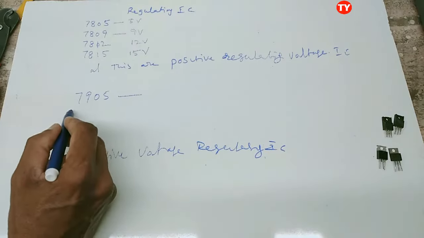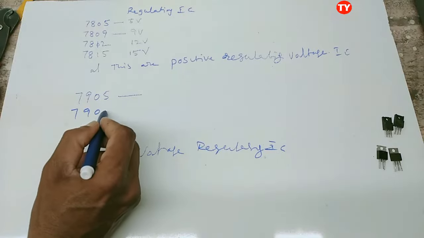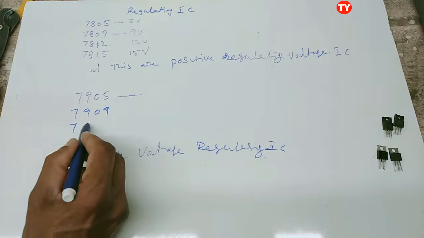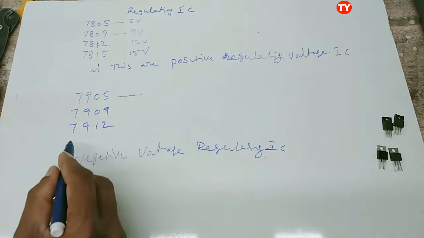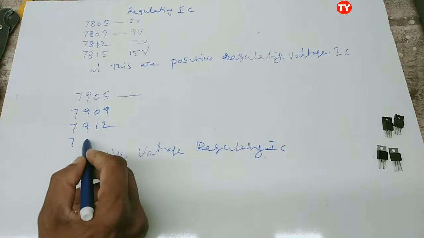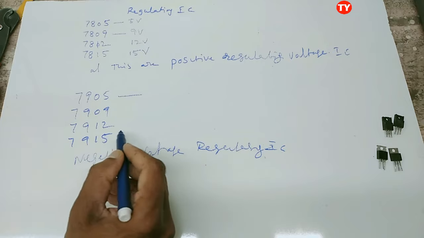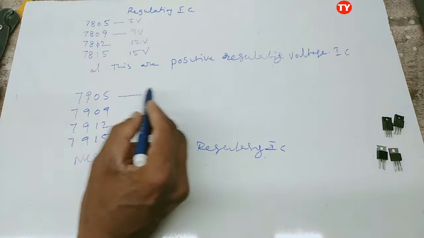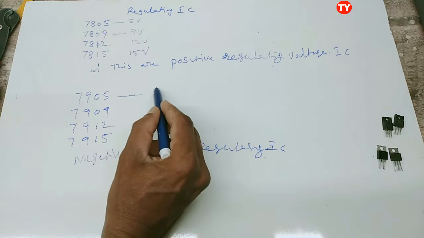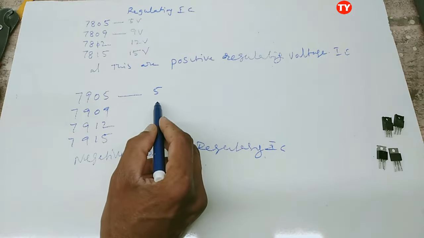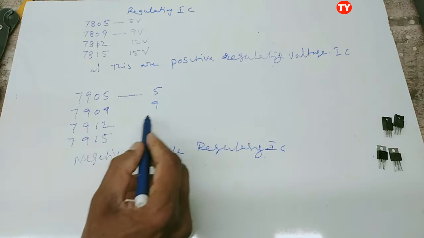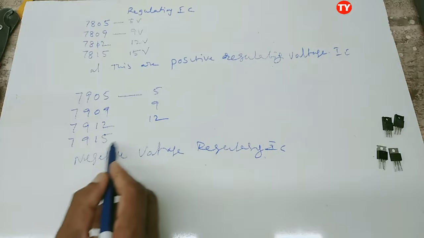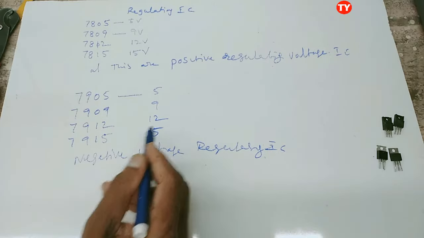This also 7909, 7912, 7915. This one is 5 volt, this one 9 volt, this one 12 volt, this one 15 voltage.